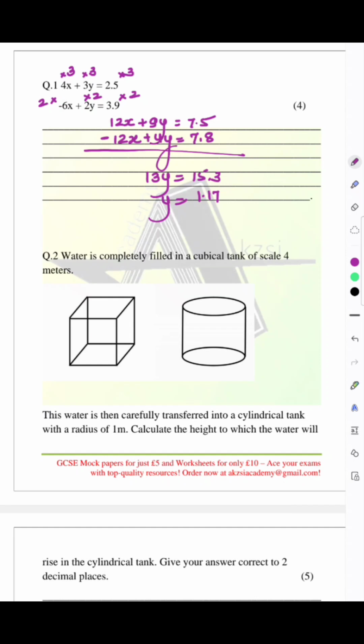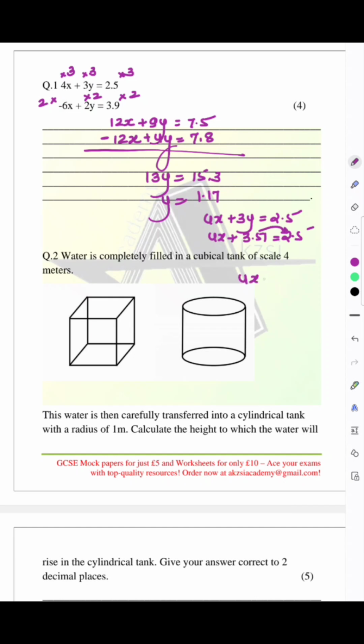If y is 1.17, I need to sub in this value in either of the equation. I'll get the same answer. So let me put it here. 4x plus 3y is equals to 2.5. In place of y, I can put 1.17. So this will give me 3.51. So 4x plus 3.51 is equals to 2.5, and then move it here onto the right hand side.